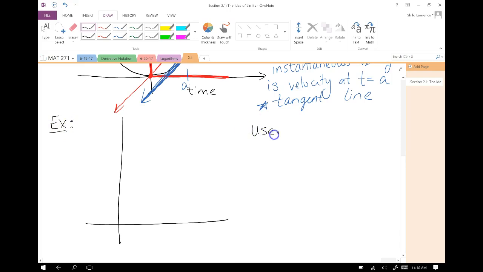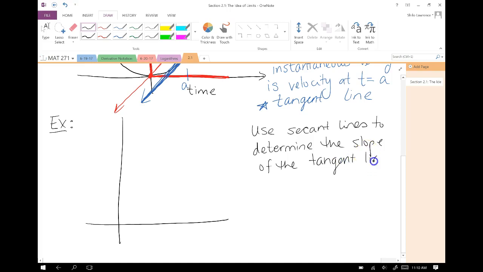We're going to use secant lines to determine the slope of the tangent line on f of x equals x squared at x equals 1.